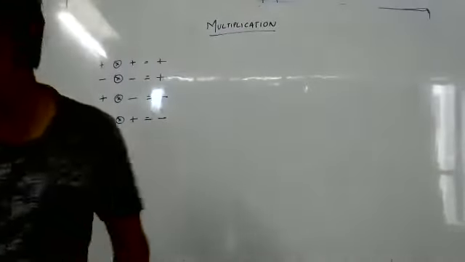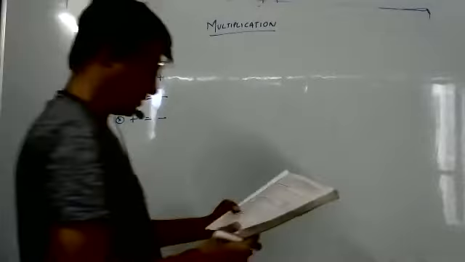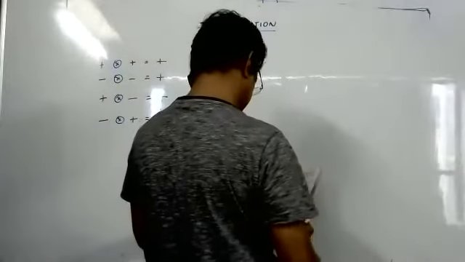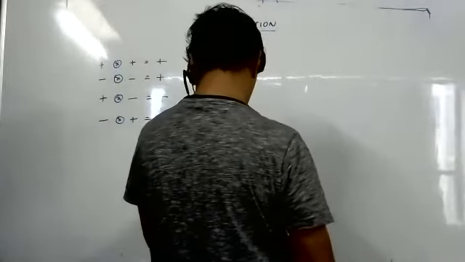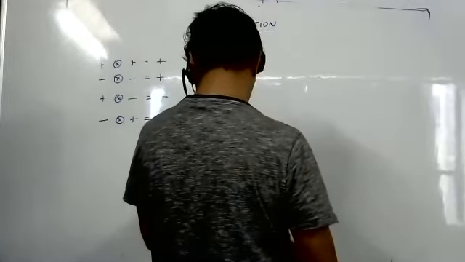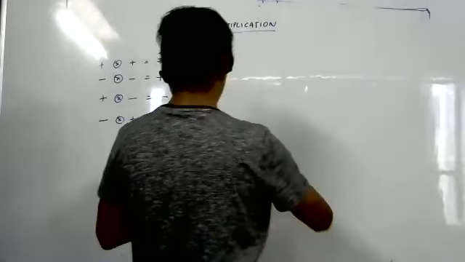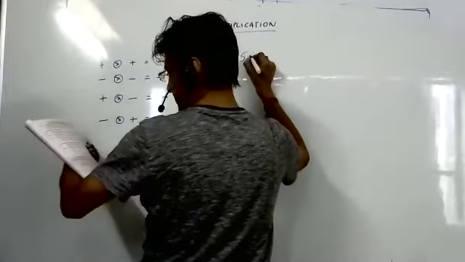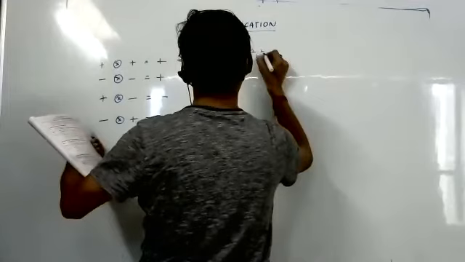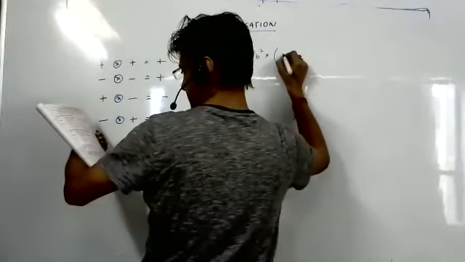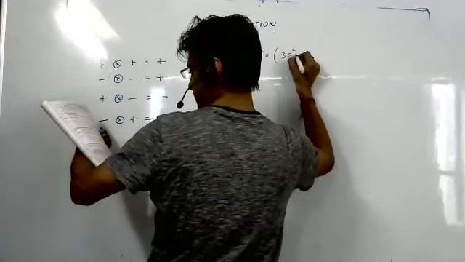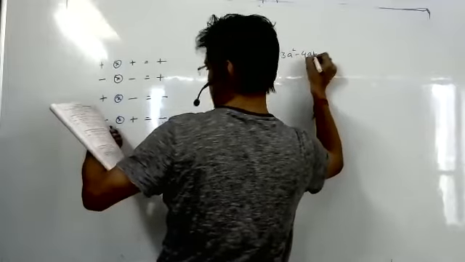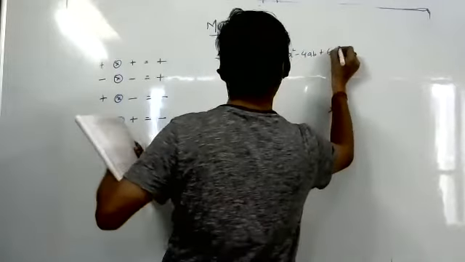So now one question. 5a square b square multiplied by 3a square minus 4ab plus 6b square.